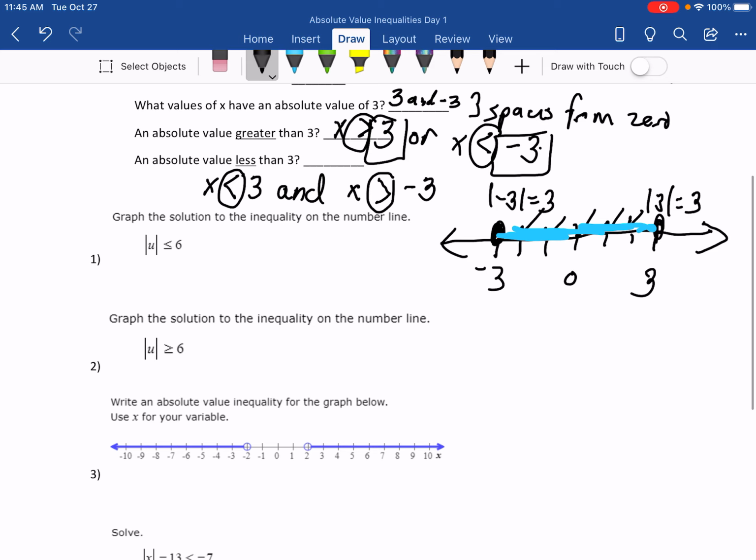Number 1, graph the solution to the inequality on the number line. All we're going to do here is remove the absolute value bars. I'm going to go u less than or equal to 6. And then for the -1, I'm going to flip the inequality symbol, so greater than or equal to -6. Let's take a look at what that looks like.